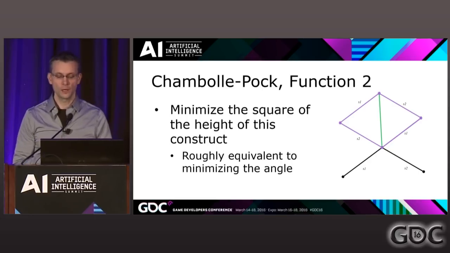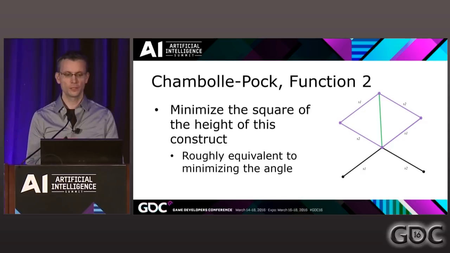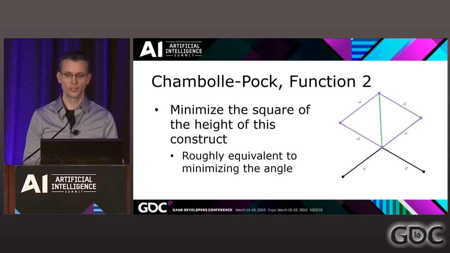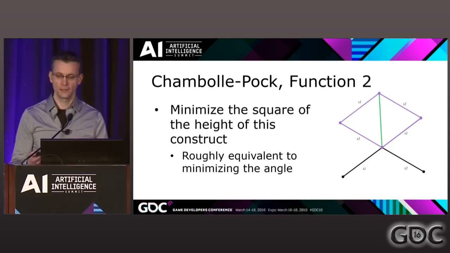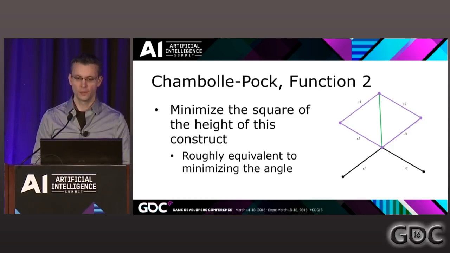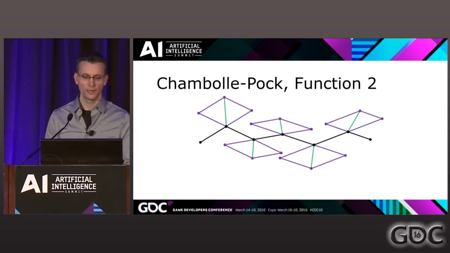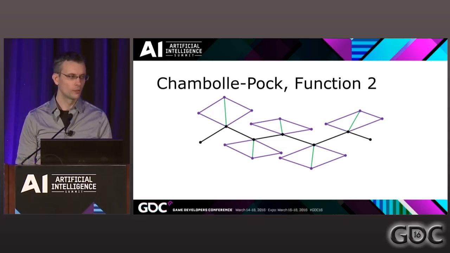Now, on top of that, because we use a square height rather than just the height directly, it is better to distribute any curvature that we do have to have in our path over multiple waypoints rather than just collect them in one waypoint. And that is essentially the definition of a smooth path. So that is why we use the square. And again, if we look at the entire path, we build these rhomboids for all of the waypoints in the path. And then what function 2 tries to do is minimize the sum of the square of those heights, which would be the green lines in this picture.